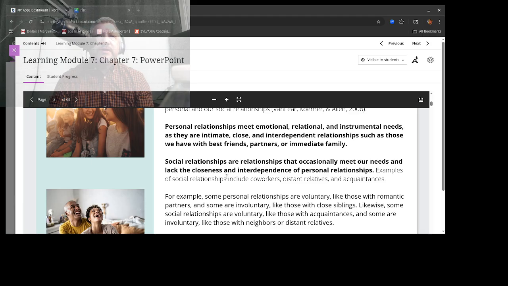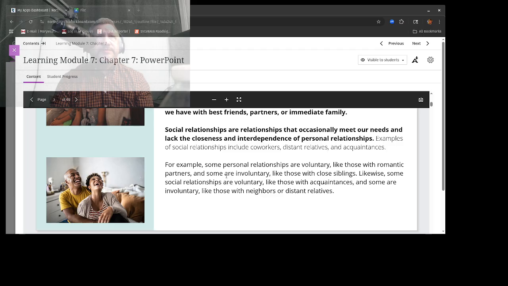So when we think about social relationships, think about coworkers, maybe distant relatives, acquaintances, maybe a school friend, right? Someone from back in grade school, junior high, high school, or perhaps someone you've met at college that you hang out with occasionally, but not super close, right?